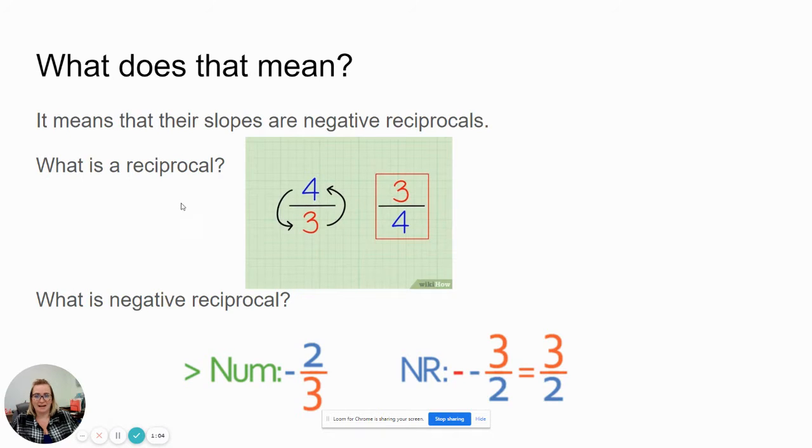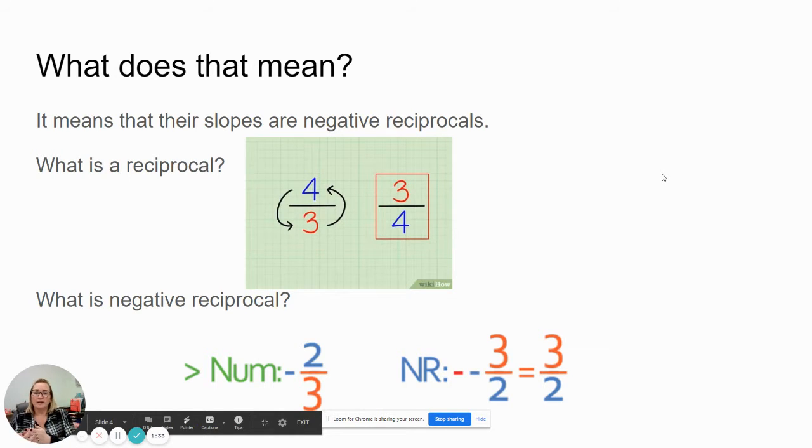And the way we find that is to make their slopes be what is called a negative reciprocal. So some of you guys might be saying, what is a reciprocal? Reciprocal is when you flip your fraction. So if you start with 4 over 3, the reciprocal would be 3 over 4. So then a negative reciprocal, if you started with negative 2/3, would now become a positive 3/2.